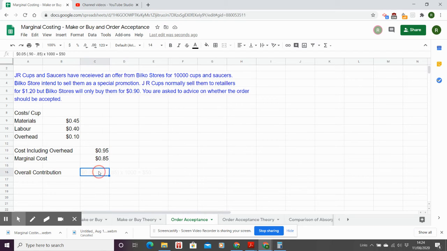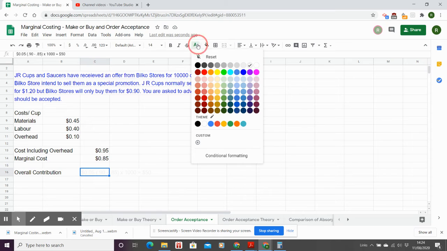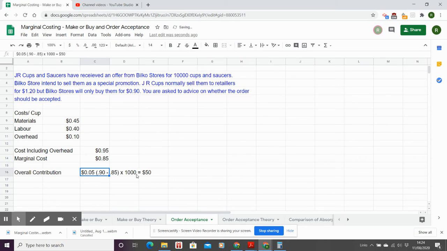So overall, what we can do is calculate how much better off the business will be if it accepts the order. So it'll be 5 cents times 10,000 cups and saucers, and therefore they will be $500 better off if they accept this order.